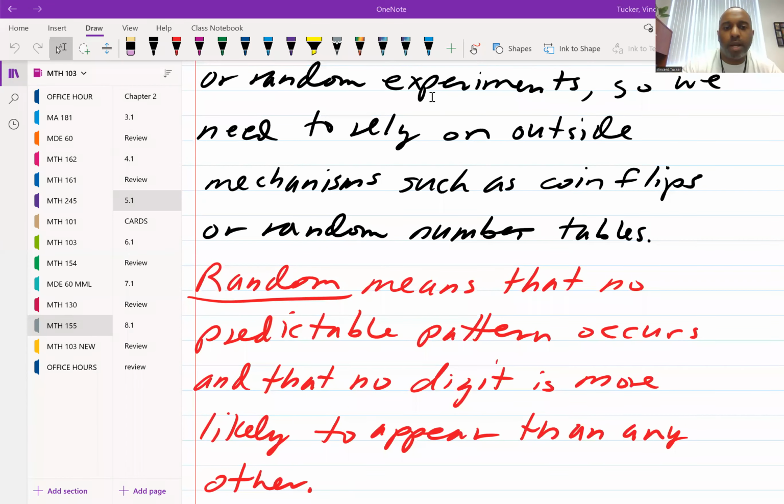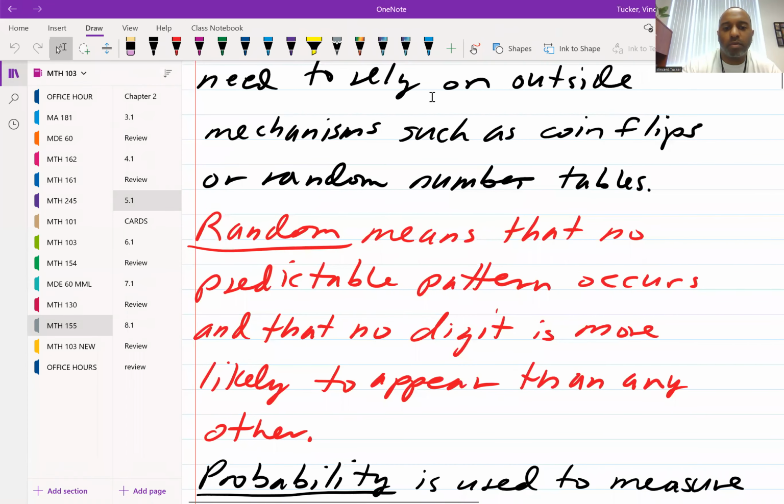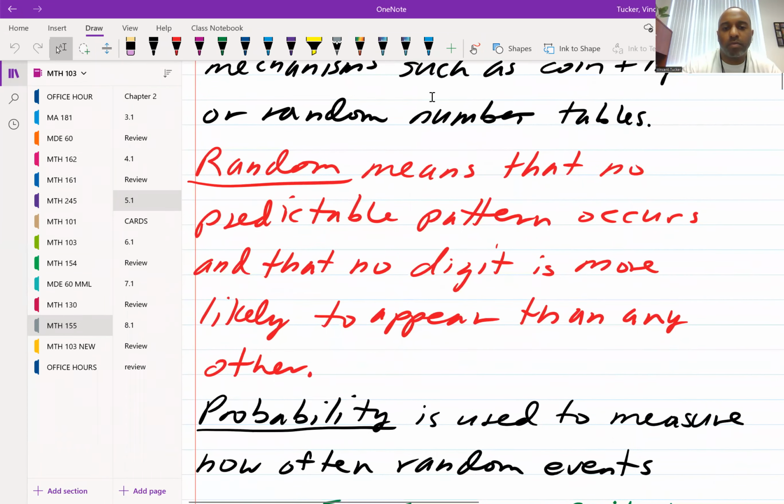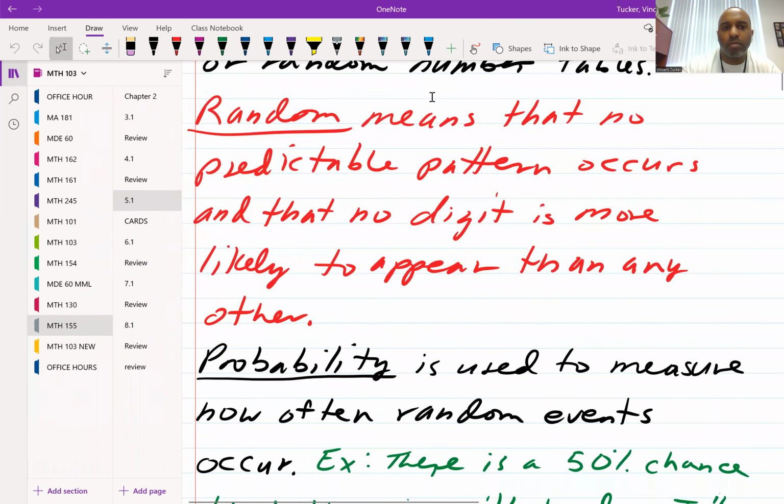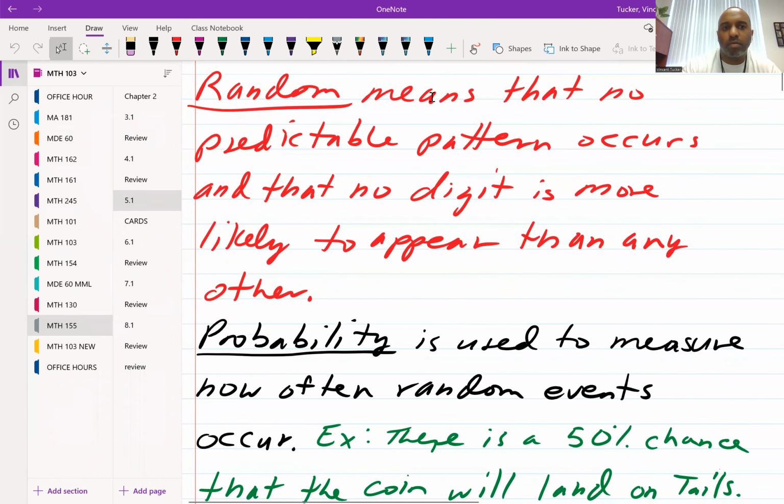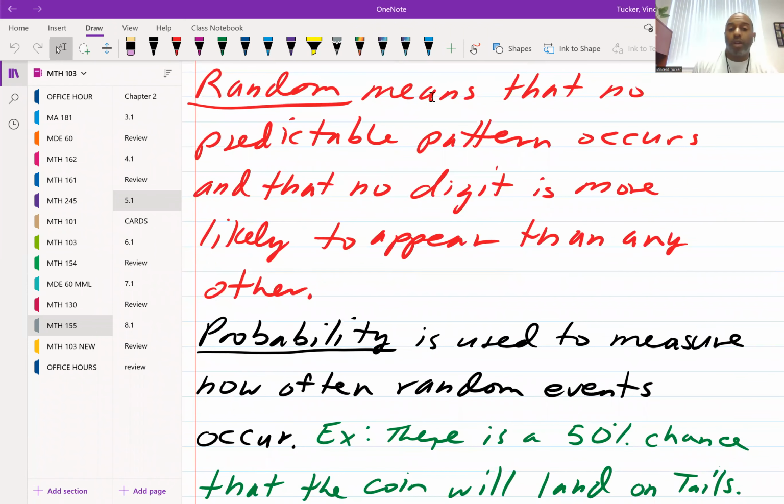All right, everybody done with black? Probability is used to measure how often random events occur. An example of that, there is a 50% chance that a coin will land on tails.